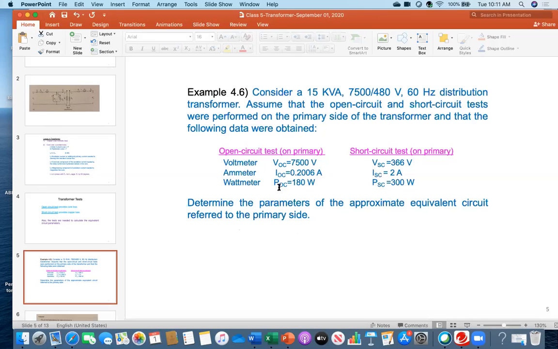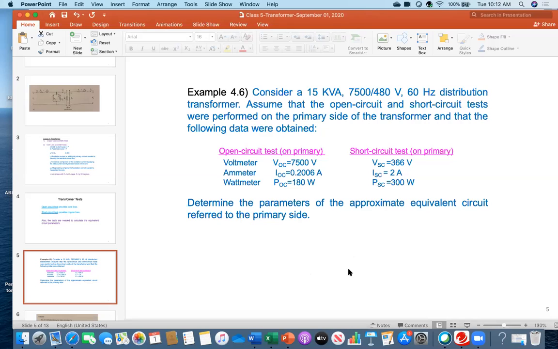So for example, we have these three data and another three, a total of 6 data. With the help of this voltage, current, and power data, you can calculate those 6 parameters of the approximate equivalent circuit. This means the values of R1, R2, X1, X2, RC, and XM.